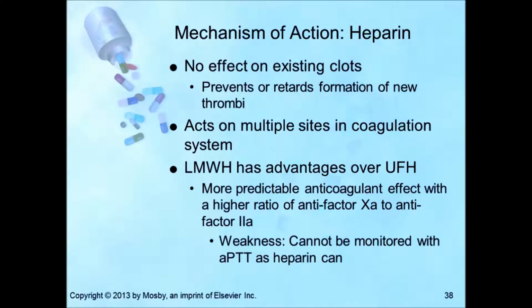factor X. Factor X is responsible for initiating the final common pathway in the clotting cascade, which ends in clot formation. The second heparin AT3 binding occurs at the site of conversion of prothrombin to thrombin, factor 2A. With decreased thrombin available, a reduced amount of fibrin is made from fibrinogen.